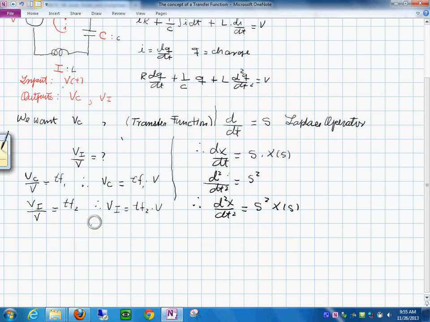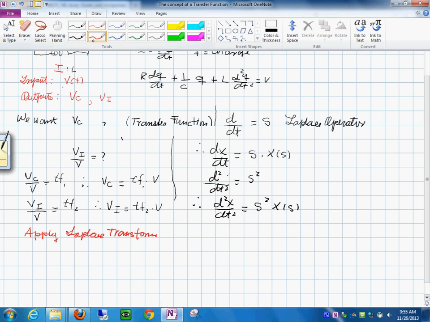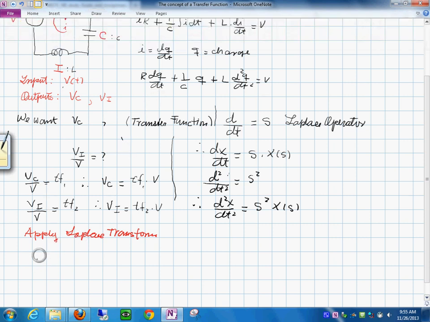So what I would do is apply the Laplace transformation to this. Let me put a title in here: apply the Laplace transform. In this particular case, this is R times dq/dt, which is s times q of s.